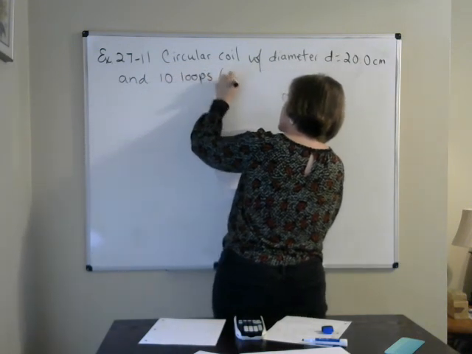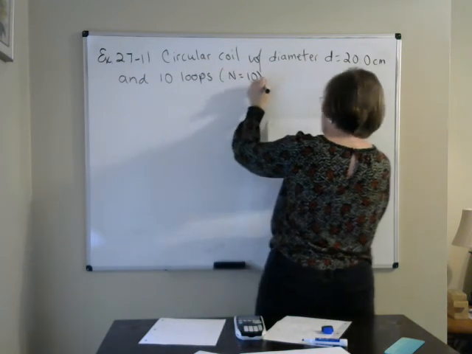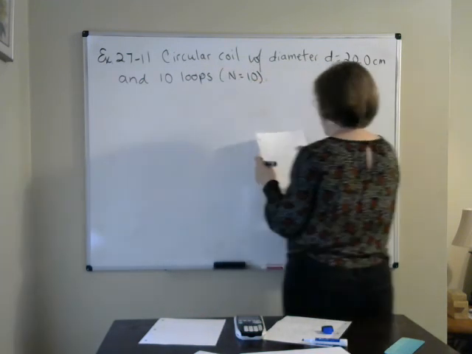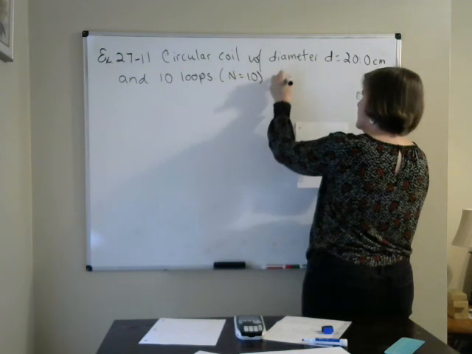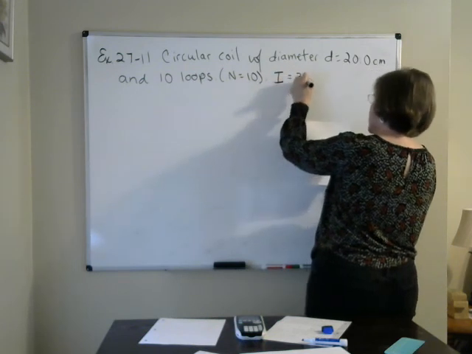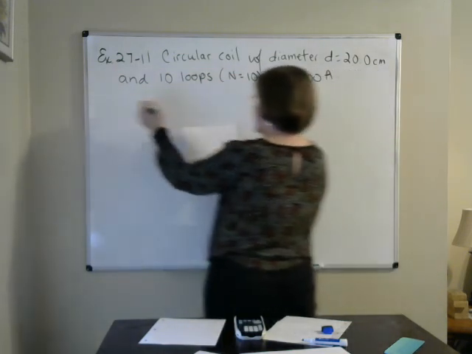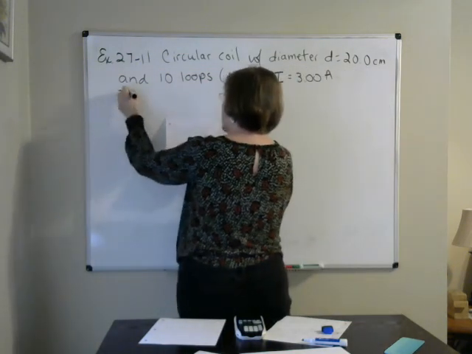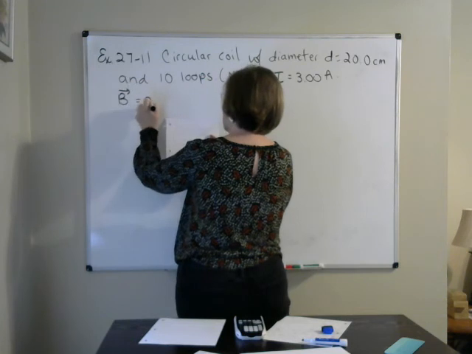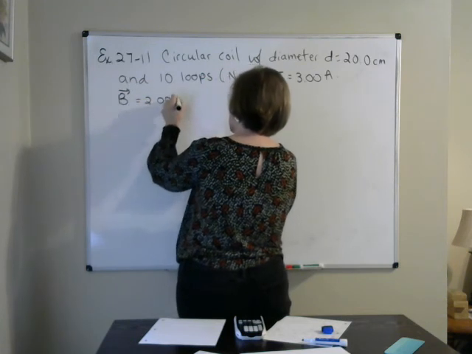That means N equals 10 when we're doing our formula. The current in that loop is 3 amps. It's placed in a magnetic field with a magnetic field strength of 2.00 Tesla.